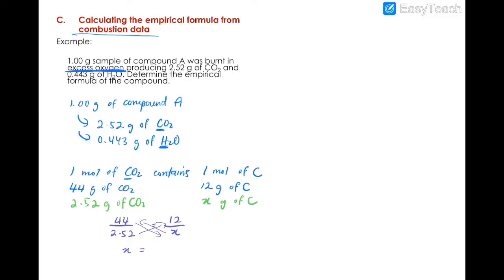So X is equals to 12 divided by 44 times with 2.52. Jadi X dekat sini kita akan dapat 0.6873 gram. Okay, where 0.6873 gram ni sebenarnya adalah mass of carbon.